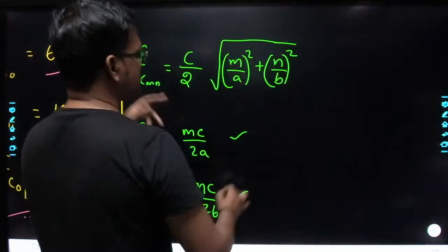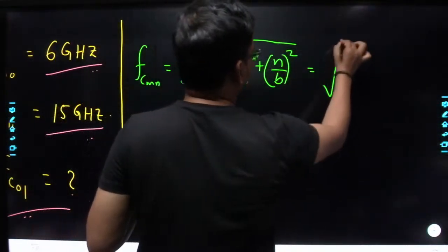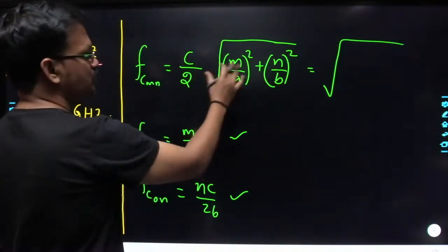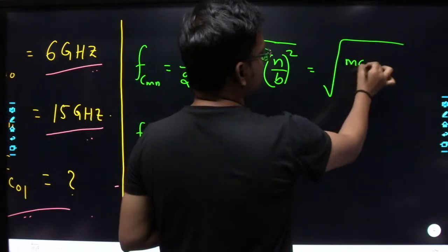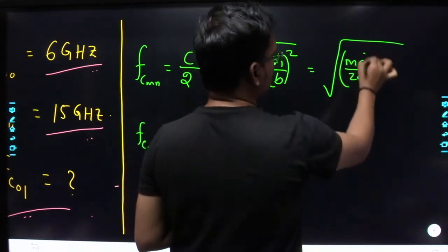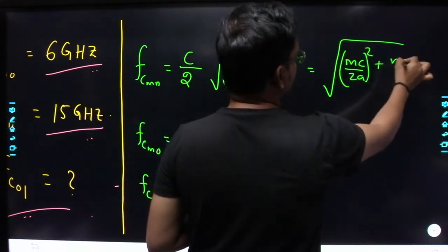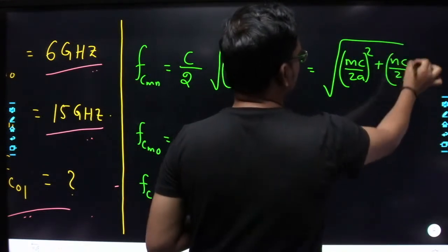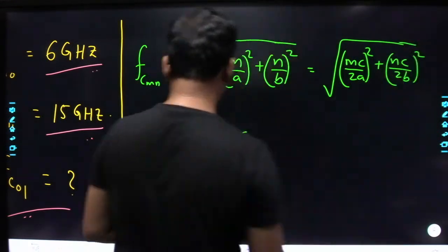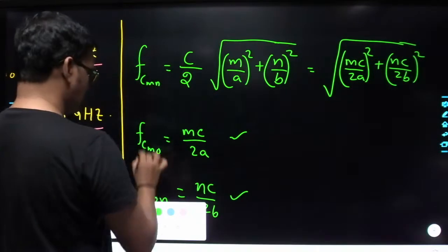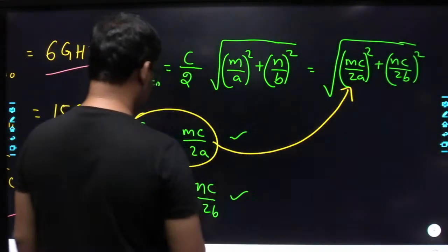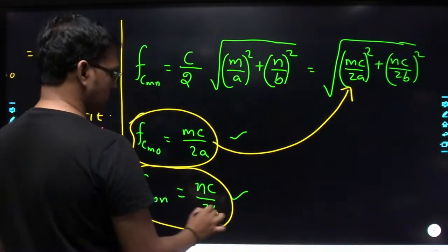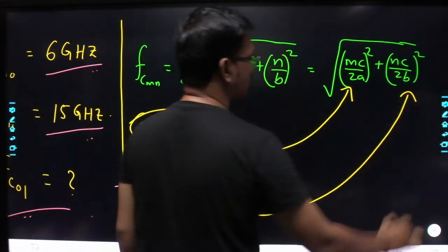Okay. So now in this equation, if I send C by 2 inside here, what you are going to get? (MC by 2A) whole square plus (NC by 2B) whole square, where MC by 2A is nothing but FCM0, and NC by 2B is nothing but FC0n, right?